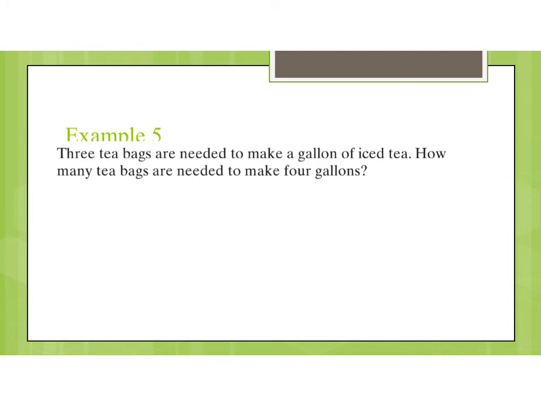For example 5, it says 3 tea bags are needed to make a gallon. Okay, so that tells me that I have 3 tea bags. I'm just going to write 3T is going to produce 1 gallon of tea. How many tea bags are needed to make 4 gallons? So how many tea bags?